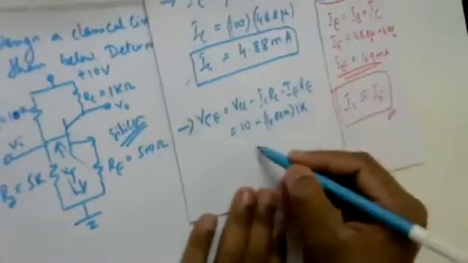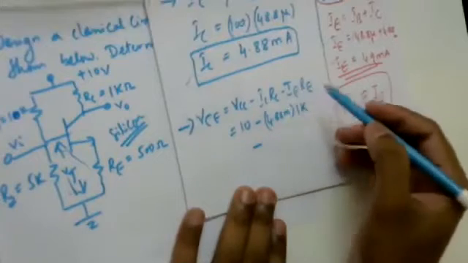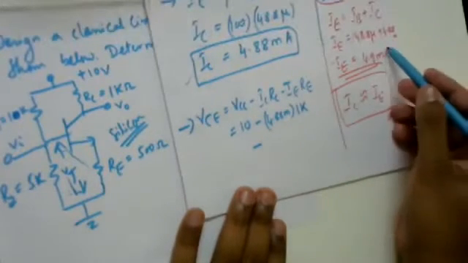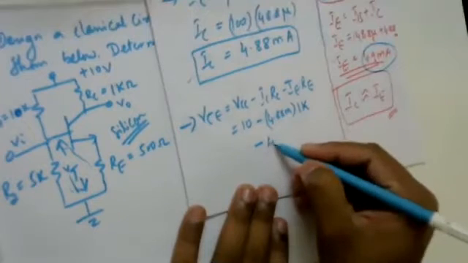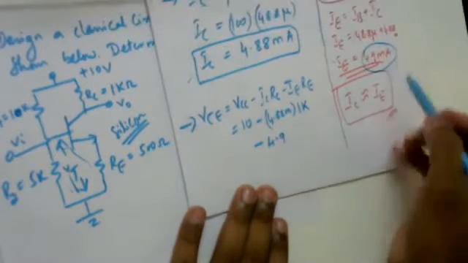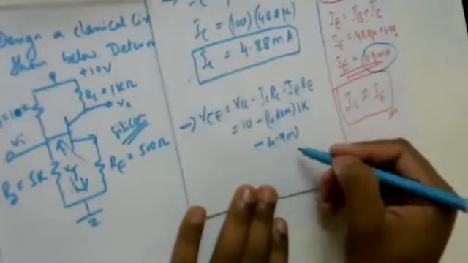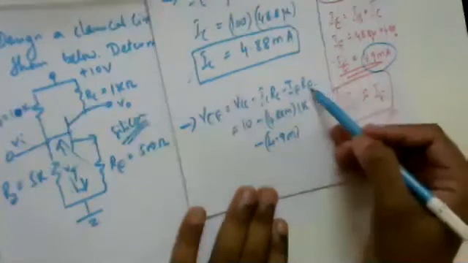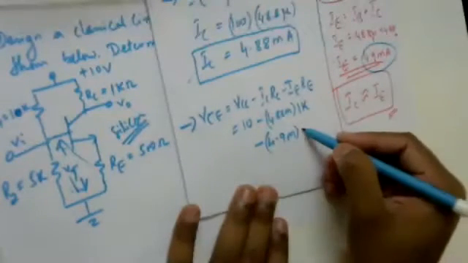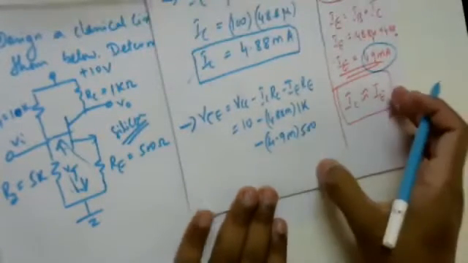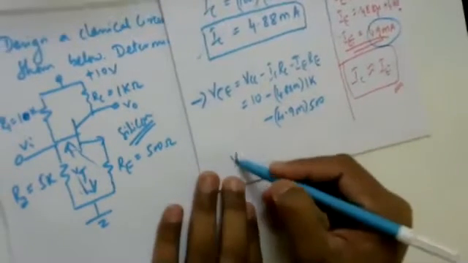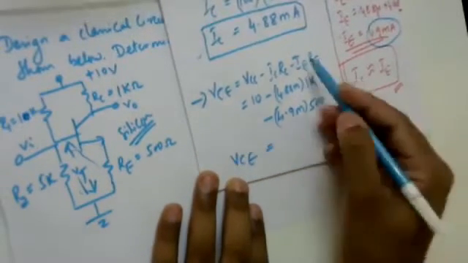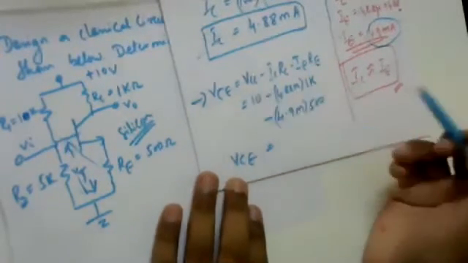Then minus the value of IE. I do require the value of IE as such. The value of IE is found to be 4.9 milliamps, into the value of RE. The value of RE is 500 ohms. Okay, then what's the value of VCE now? Let's solve this data.